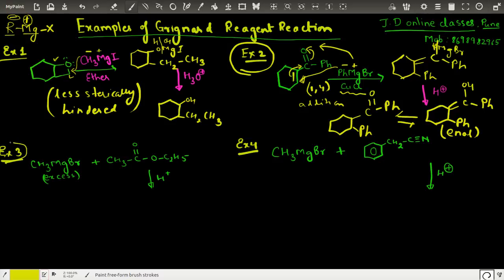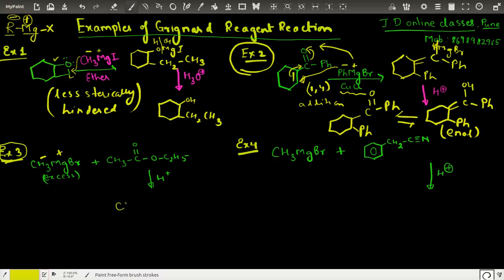Coming to example number 3, it's a very typical question where the addition of RMgX occurs on an ester. How many molecules are involved? Let's see. Again the same thing happens: magnesium has plus and methyl has minus, and it's going to add over here.